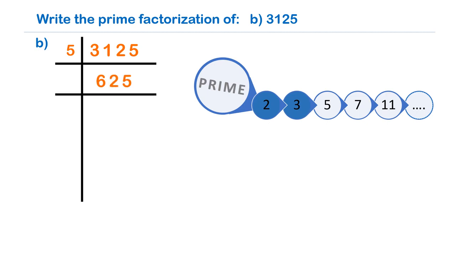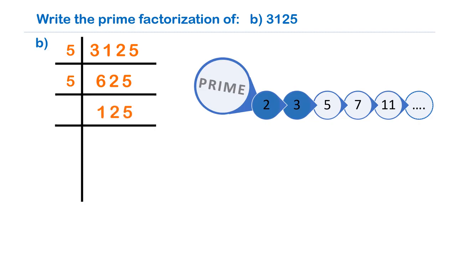Since the last digit of 625 is 5, it means it is again divisible by 5. So write 5 to the left of 625 and divide. If we divide 625 by 5, we get 125. Again, see the last digit.